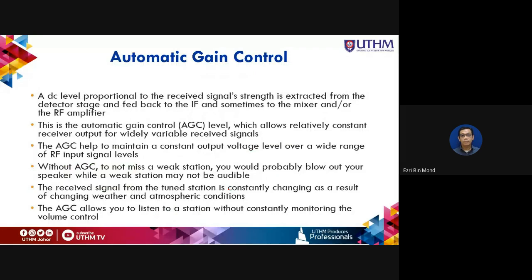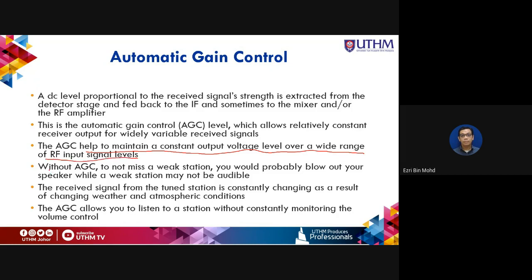Automatic gain control. What is automatic gain control? Its function is to allow relatively constant receiver output for widely variable received signals. So the AGC helps to maintain a constant output voltage level over a wide range of RF input signal levels.